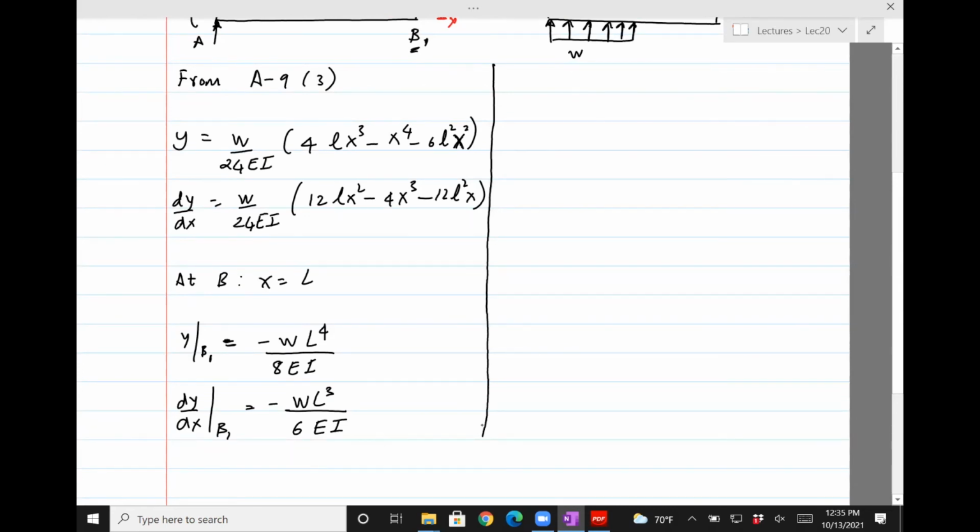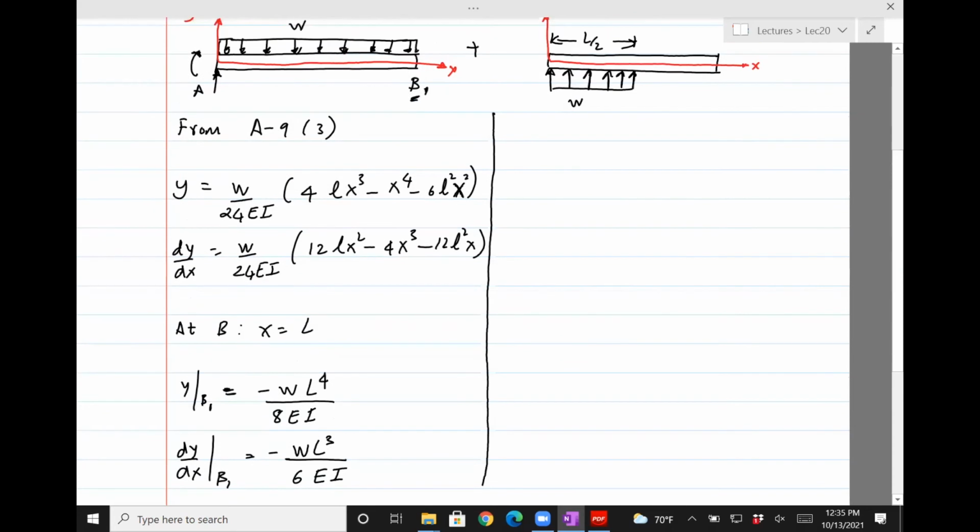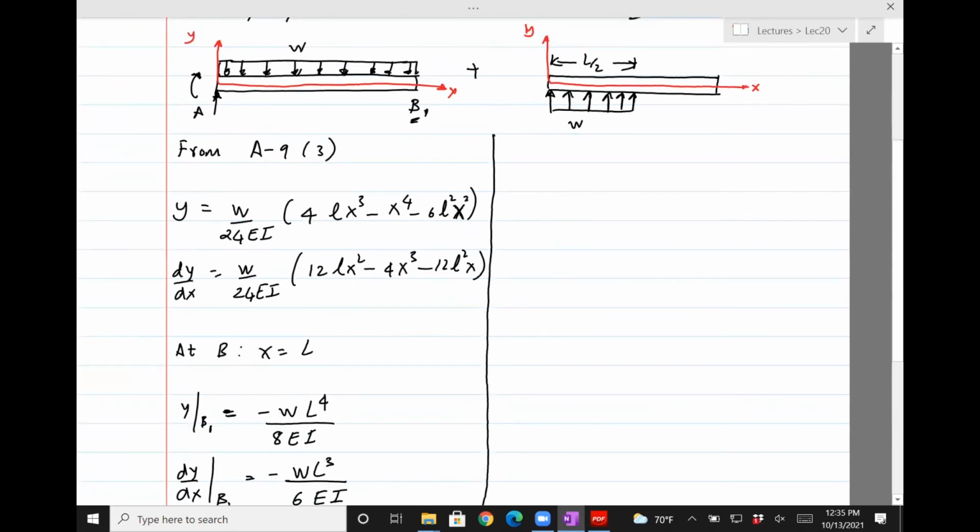Now, how do we solve for the second case? So the second case, the issue is that there's no such loading in the book, like having a W divided by 2 on the left side and no loading. So what we can do here is we can still use the same formulas which we have for this one, but we just treat this like a beam of length L divided by 2, right?